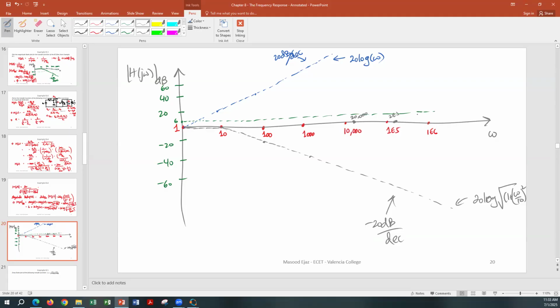20 at 2 exponent 5, 40 at 2 exponent 6. So it's going to drop 20 decibel at 2 exponent 5, 40 decibel at 2 exponent 6, and so on and so forth. So the slope is still going to be the same.